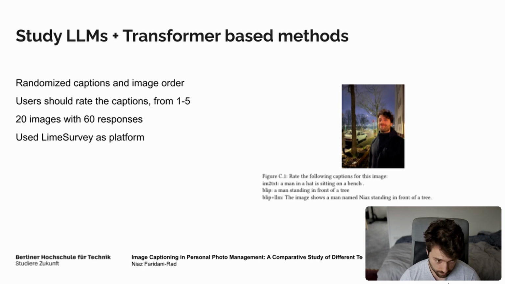And users should rate the captions from 1 to 5. All the images and the captions were shown in randomized order. And you only saw one caption and you didn't know which one, which is obviously important. Then I got 62 responses, and every person rated all 20 images. So I got a lot of data.